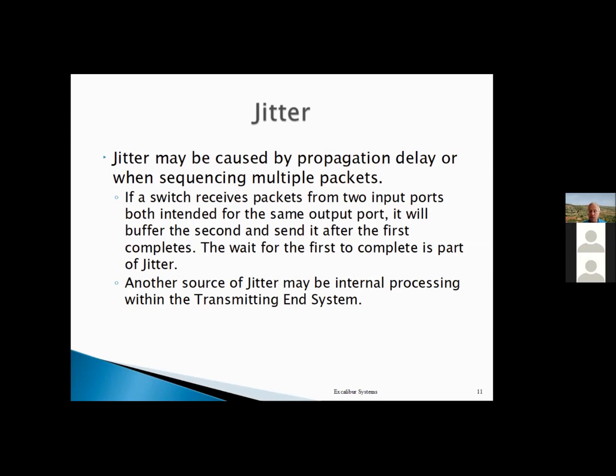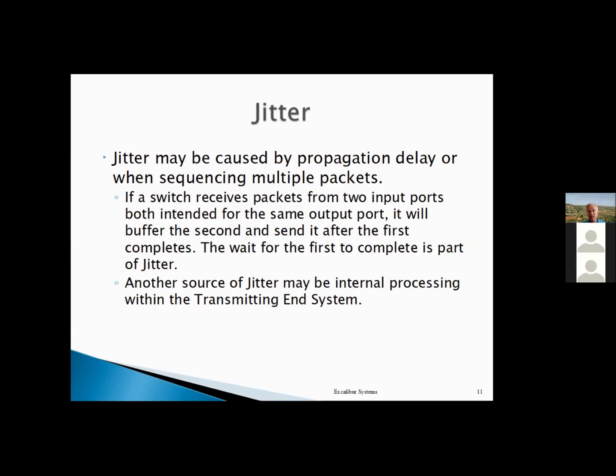The switch itself has to look at the packet header, see what the VL is, look up a table that tells it this VL goes to this output port, or maybe these 3 output ports, and all of that takes time. And then, having decided that it's going to these 3 output ports, it could be that another packet came in from a different device that also has to go out to one of those 3 output ports.